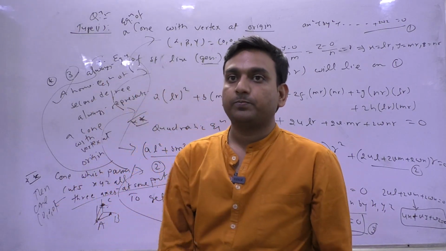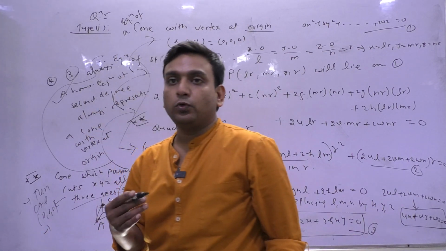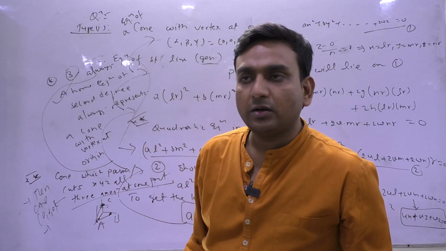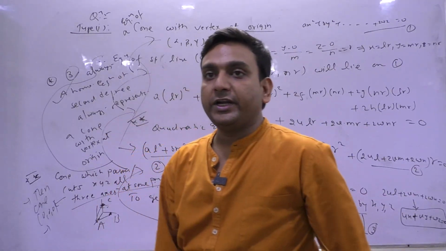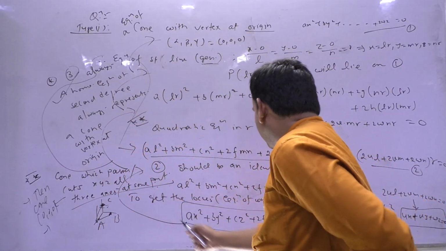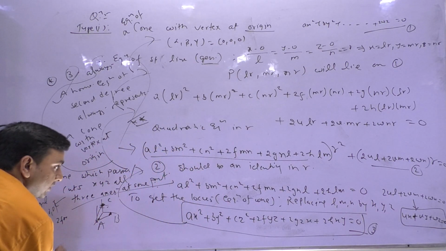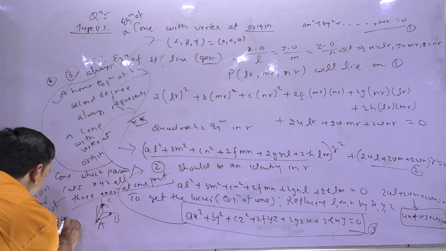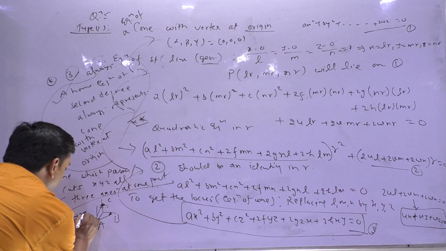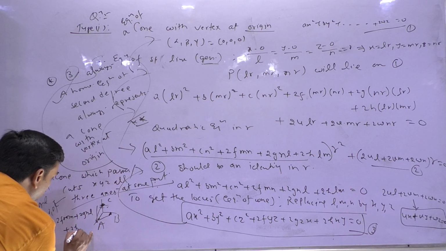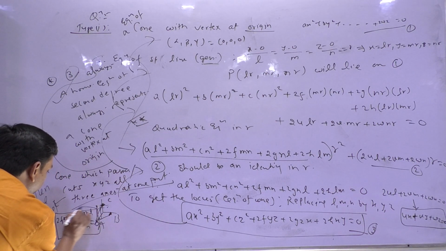And the other point you need to carry is that 2fmn plus 2gnl plus 2hlm is 0.